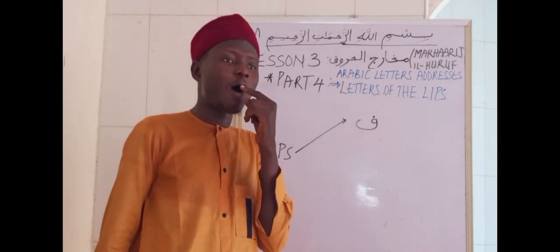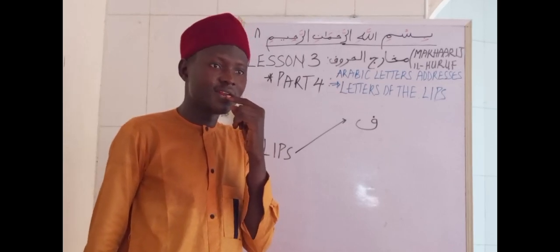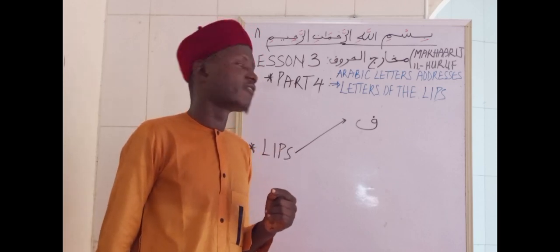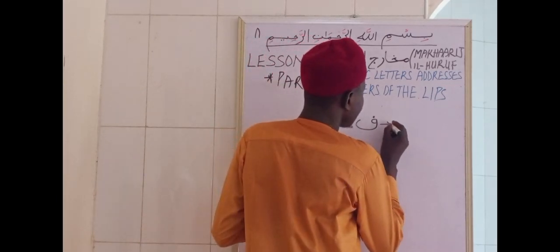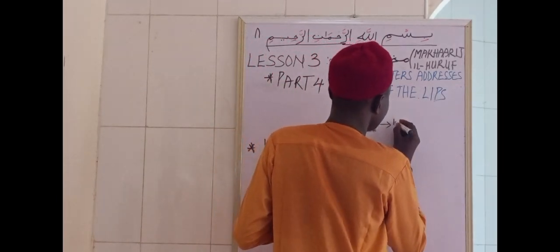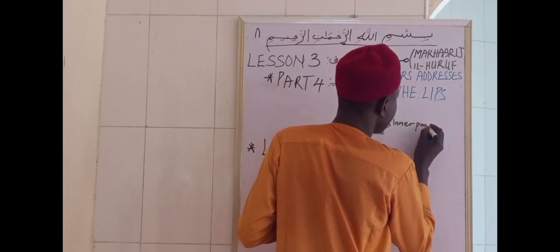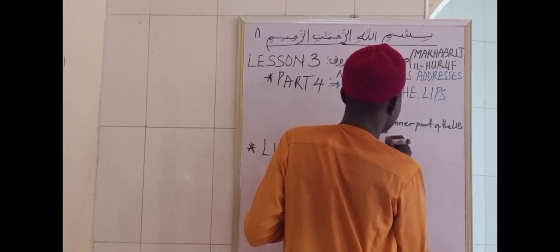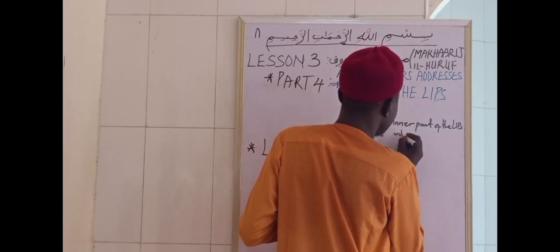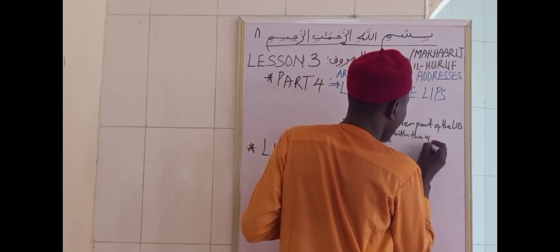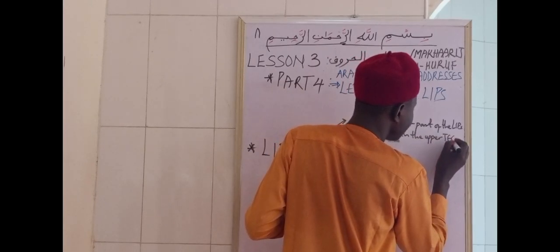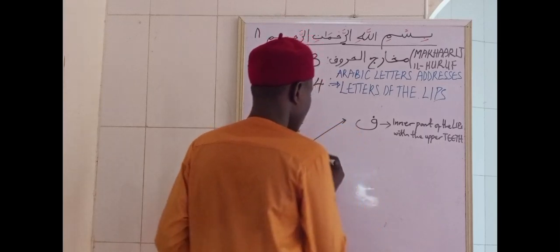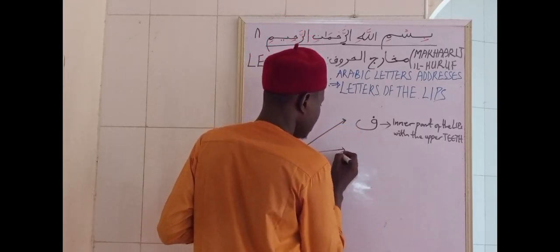So you see that it is the upper teeth and the inner part of the lower lip. So its address is the inner part of the lips with the upper teeth. That is Faf.